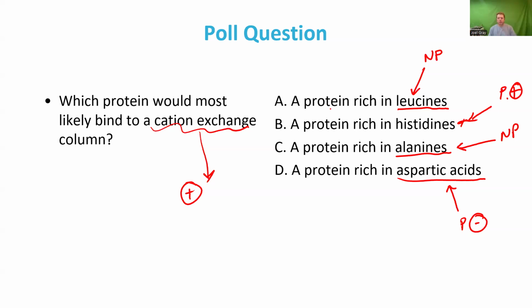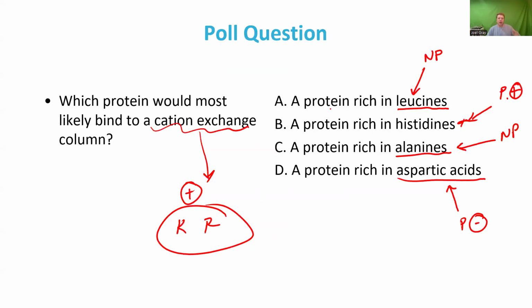Jordan, absolutely right. Lysine for K and R for arginine. We would expect these amino acids to be more common or more abundant than, for instance, aspartic acids. Okay, I'm going to go ahead and close that question.